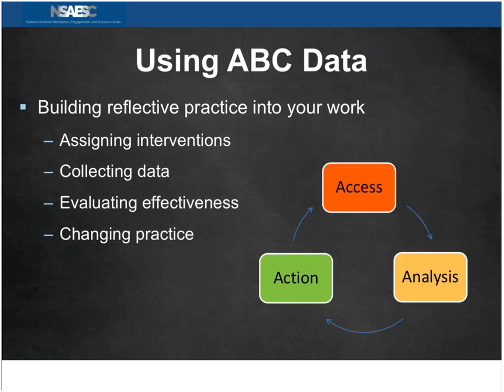You have to have access to or collect data on the intervention in order to do an intervention review. The next thing you're going to do is analyze, evaluate the intervention's effectiveness, and if needed, change or modify the practice or the intervention. And then you're going to repeat the process of taking action. You're going to assign the intervention, and then track to see if it works.